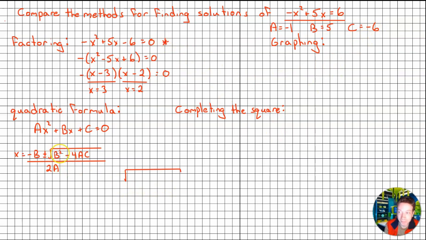All right, so b squared, so 5 squared is 25, minus 4 times a, which is negative 1, times c, which is negative 6. So that is going to equal, triple negative, so we've got 25 minus 6 times 4, which is 24, so that's just 1. So we get the square root of 1, which is just equal to 1.